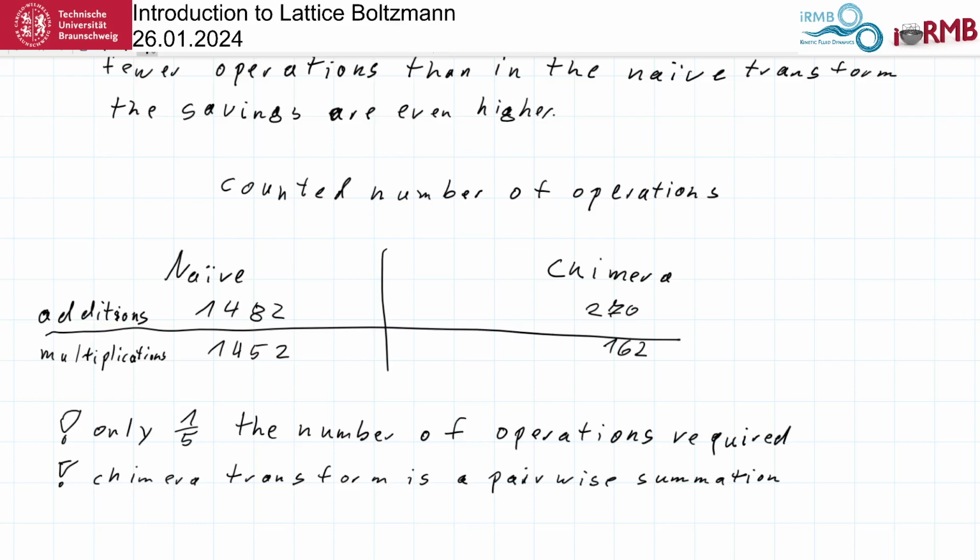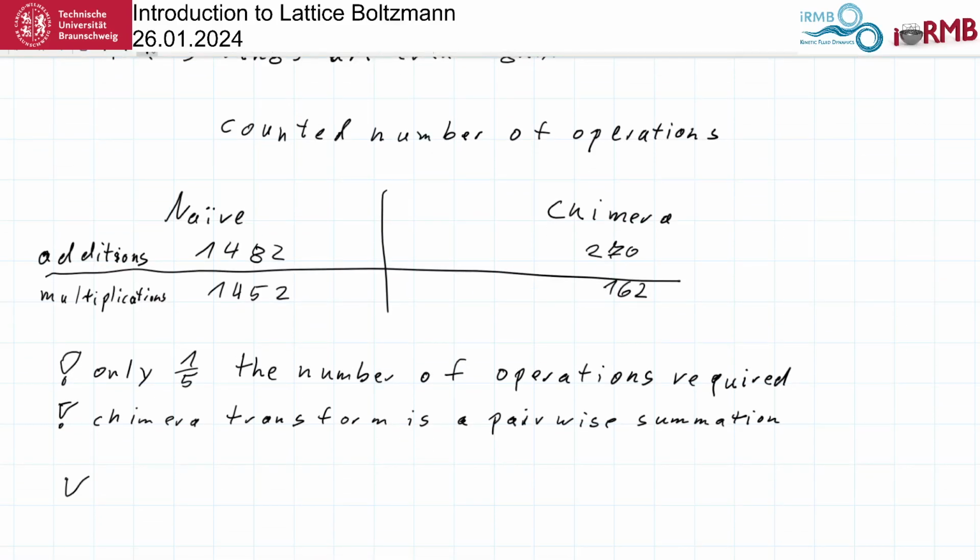And this actually is more important, it's a funny thing. Because we learned that computing a moment is a Fourier transform, right? And what this is doing is a fast Fourier transform. The Chimera transform is a fast Fourier way of computing moments. And why is the fast Fourier transform called fast Fourier? Because it's fast, but it has a more important property, namely it is also more accurate because it does pairwise summation.